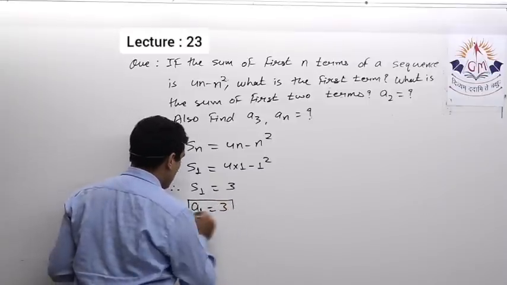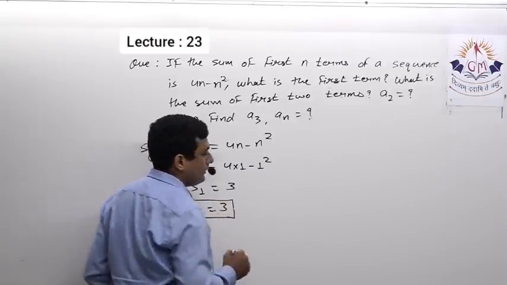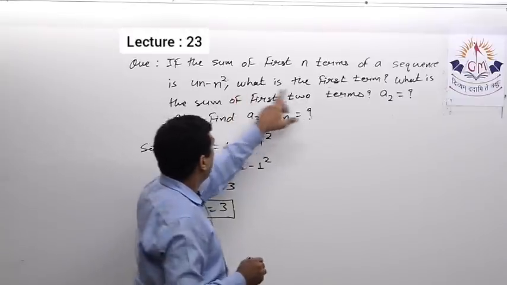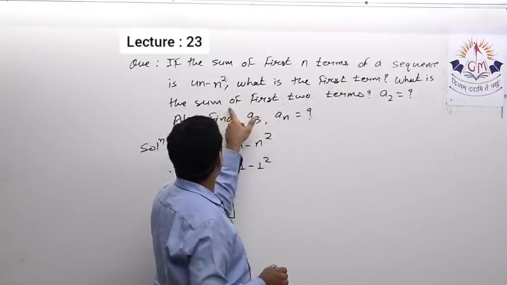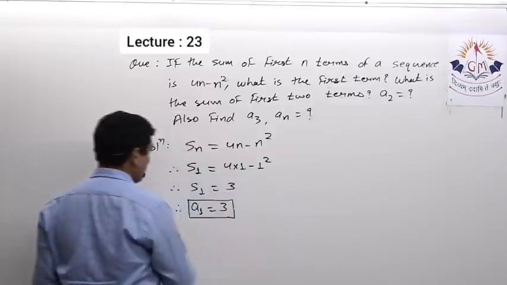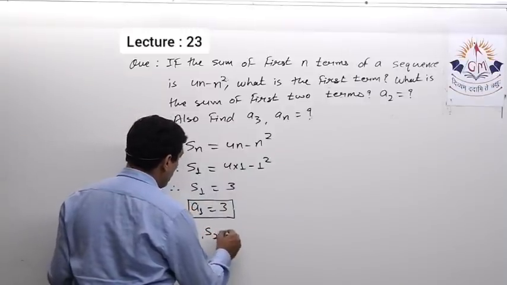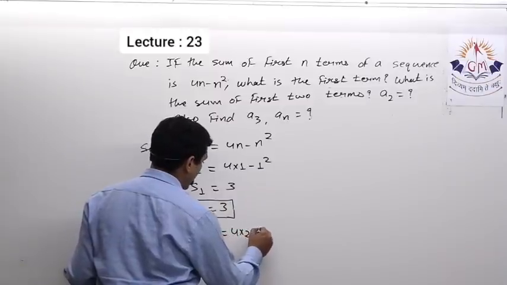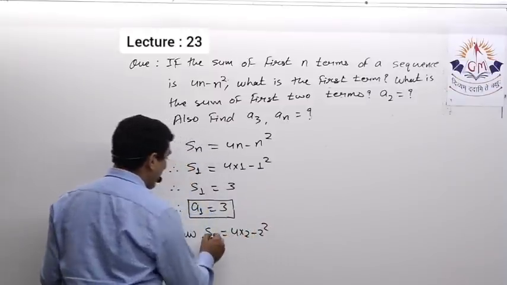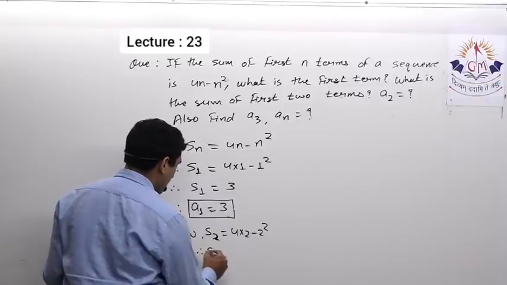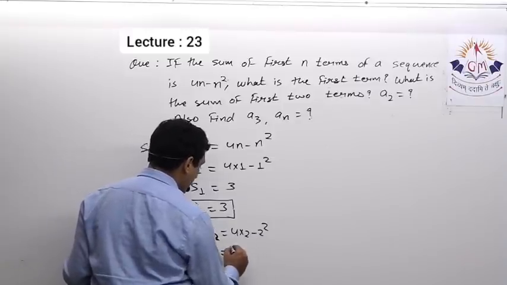So this way I got the first term, that is a1. Now what is the sum of first two terms? S2 is equal to 4 into 2 minus 2 square. Now S2 means sum of two terms. That is 8 minus 4, so 4.